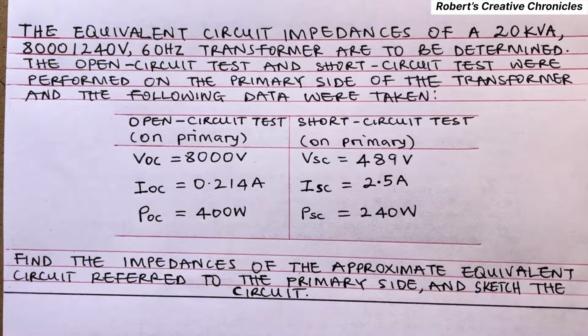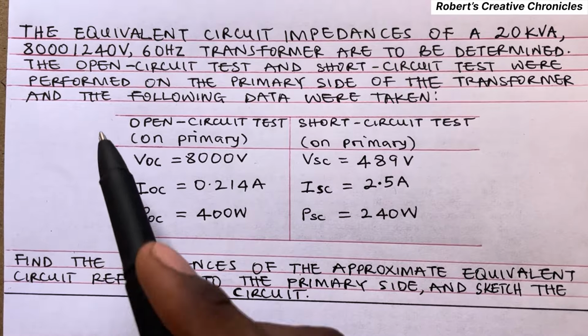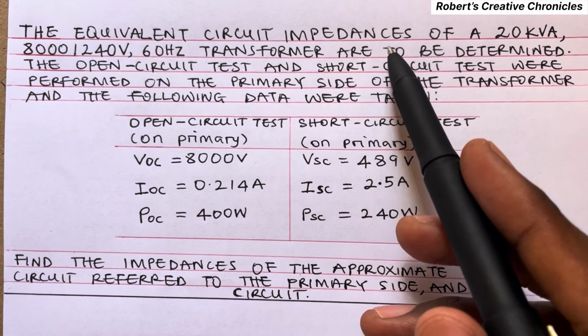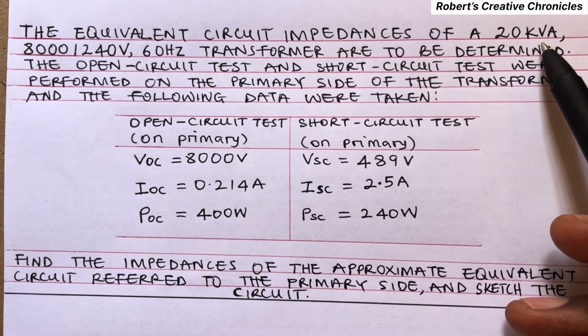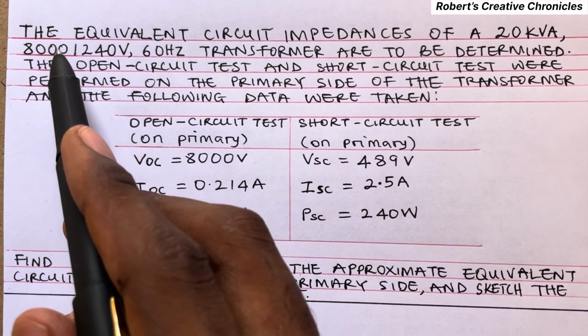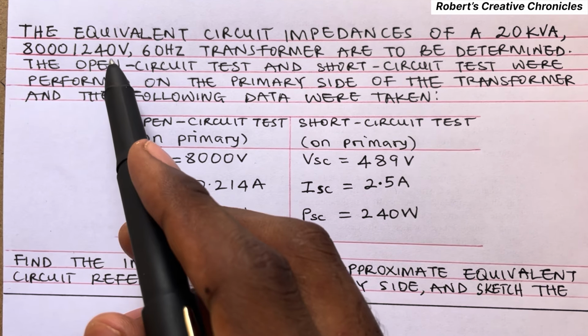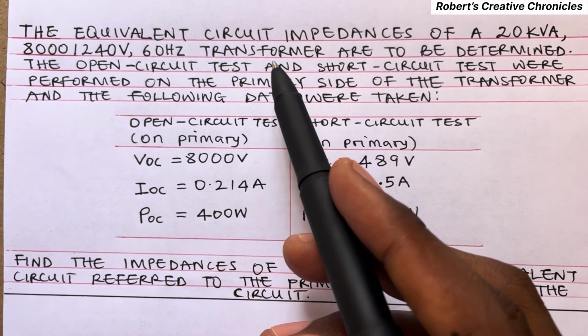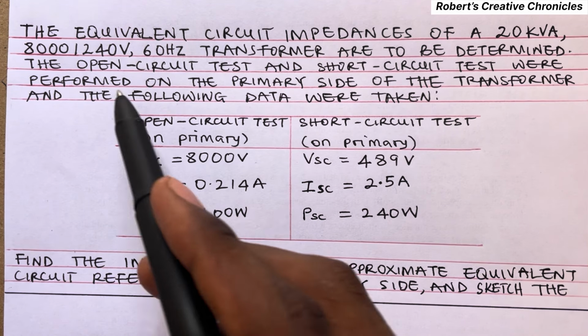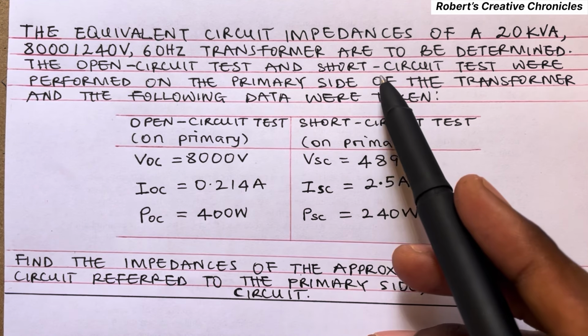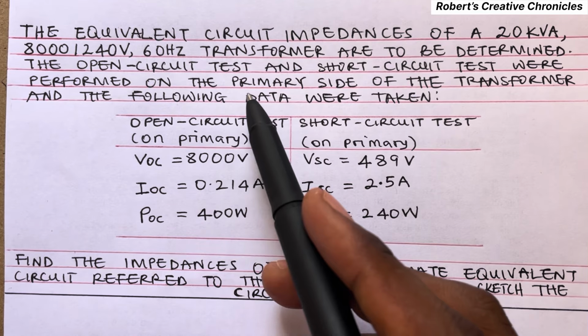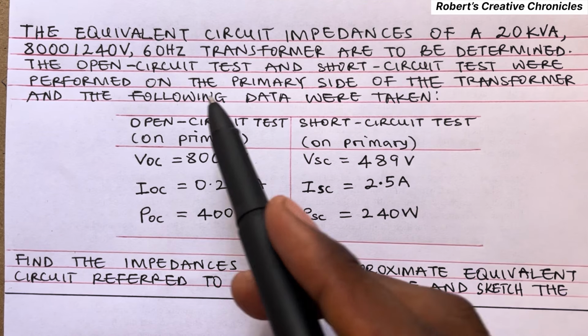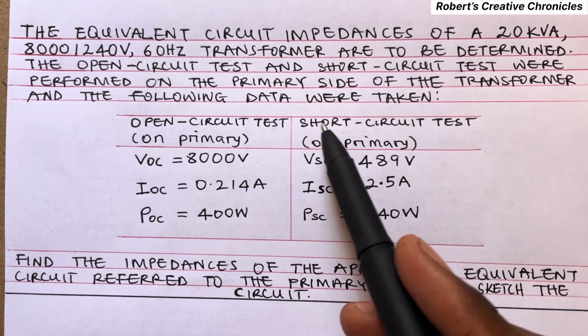So today we'll be solving this question, which states that the equivalent circuit impedance of a 20 kVA 8,000 by 240 volt 60 Hz transformer are to be determined. The open circuit test and short circuit test were performed on the primary side of the transformer and the following data were taken.